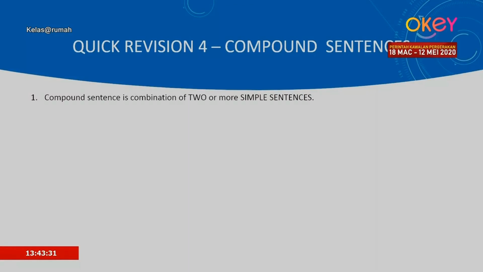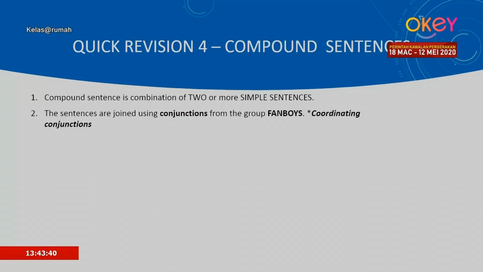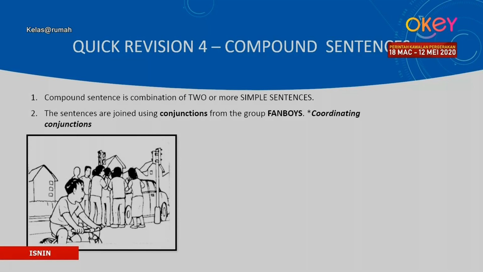Compound sentence is actually a combination of two or more simple sentences. And to combine these sentences, you need to use the fanboys conjunction. In English, it is known as coordinating conjunctions. Alright, take the picture as example.